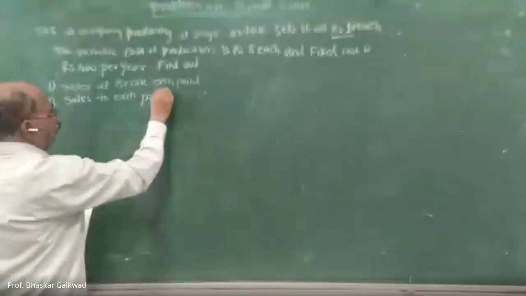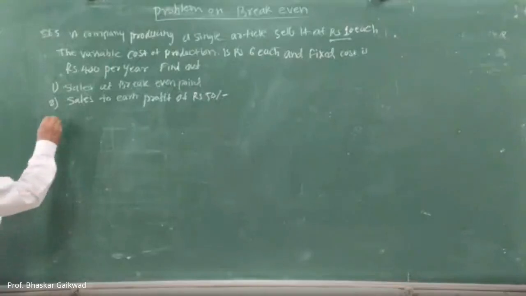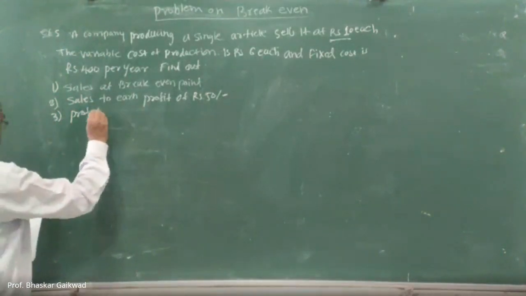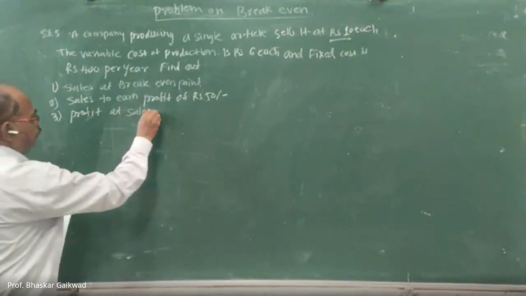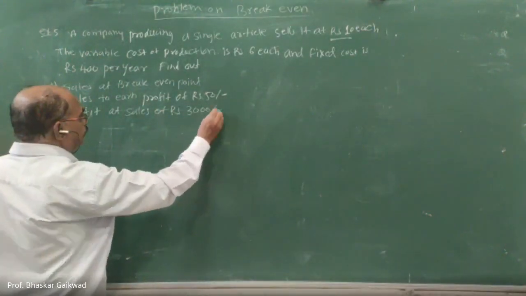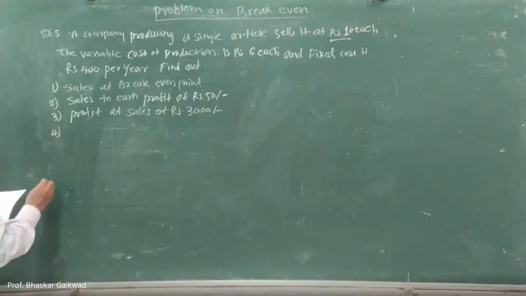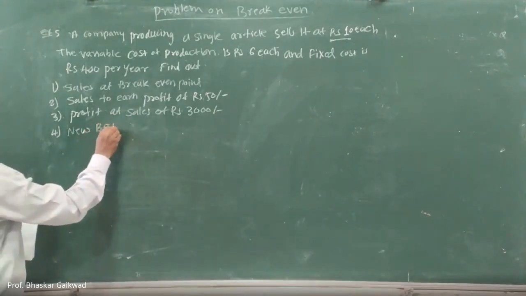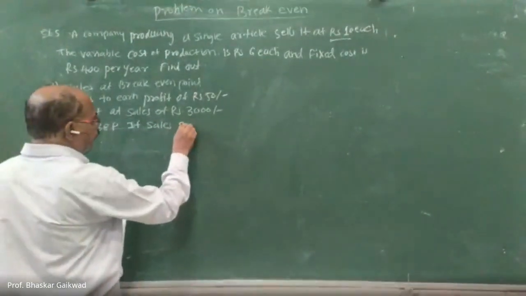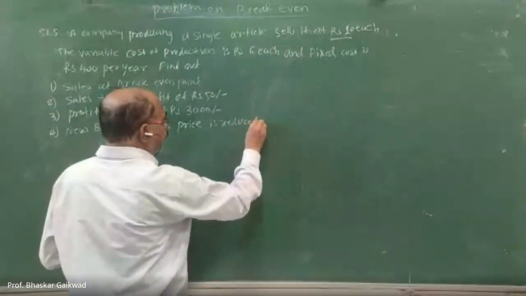Third, profit at sales of rupees 3,000. And the new break-even point if the sales price is reduced by 10%.